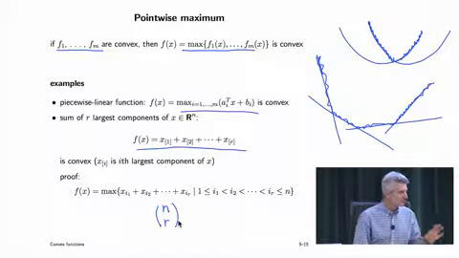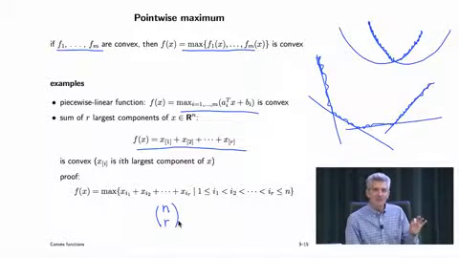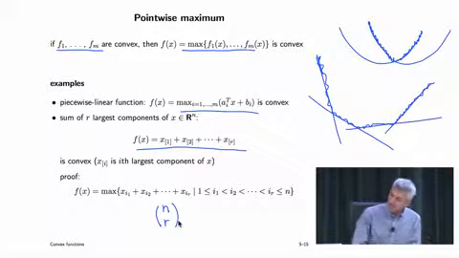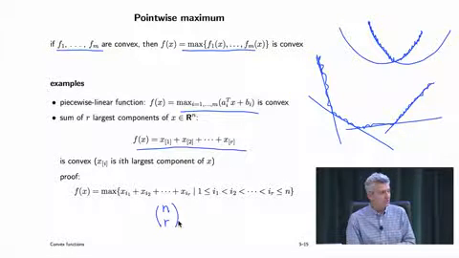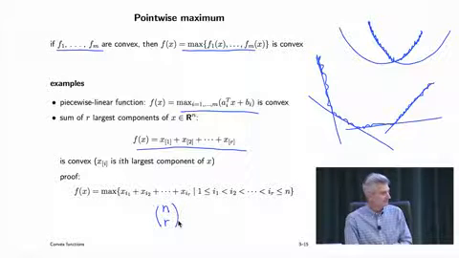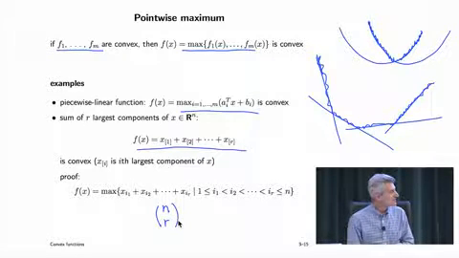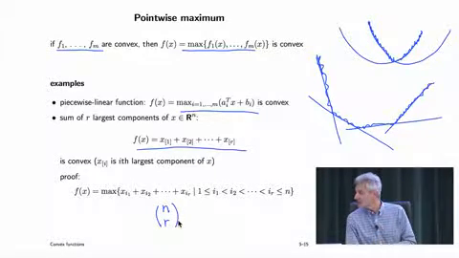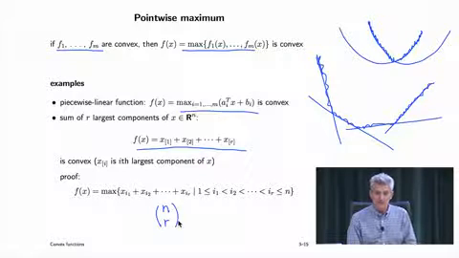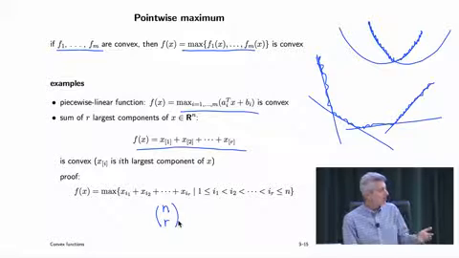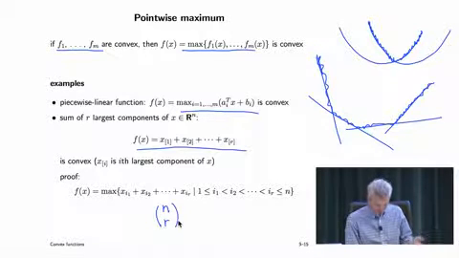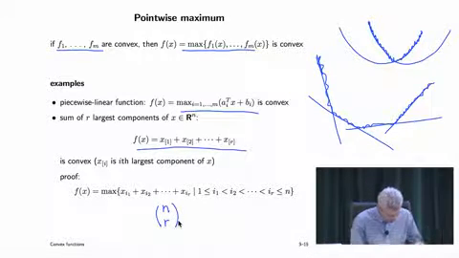I'm going to take r equals 5. And now I take the maximum of all of those. That will give me the sum of the 5 largest. Okay? So there's a 1-line proof that the sum of the 3 largest entries in a vector is convex. By the way, this doesn't give you a good way to calculate it, but still.